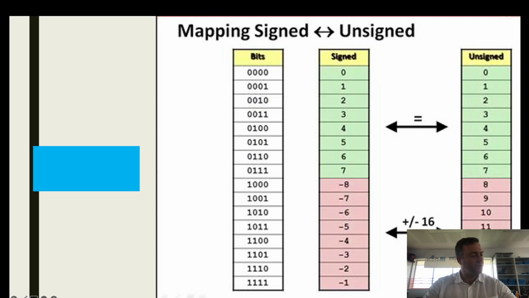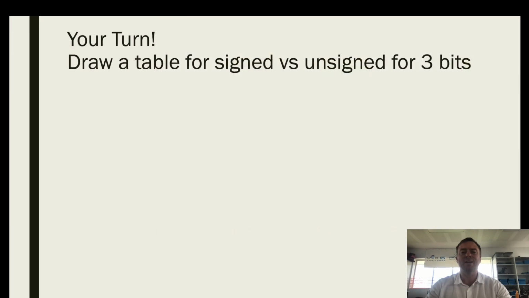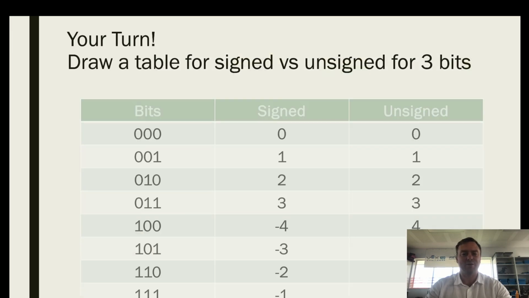And then that works all the way back up to -7, -6, -5, -4, -3, -2, -1. Notice the positive values include the 0, and then the negative values will always shave one more off the end. So your turn, draw a table for signed versus unsigned for 3 bits.